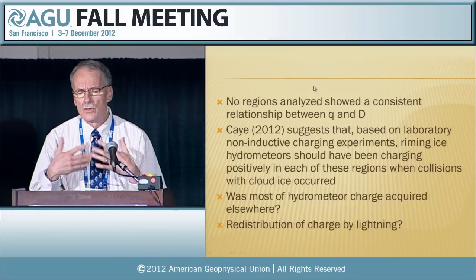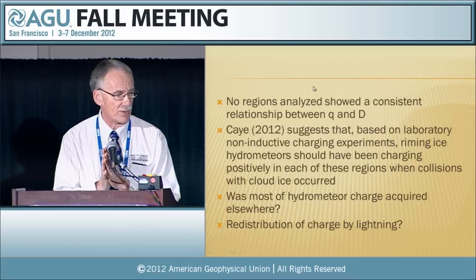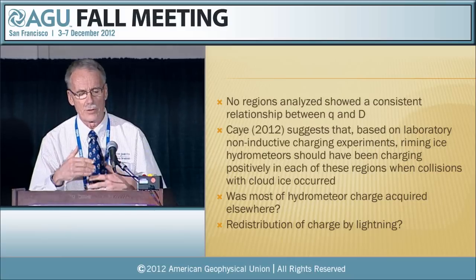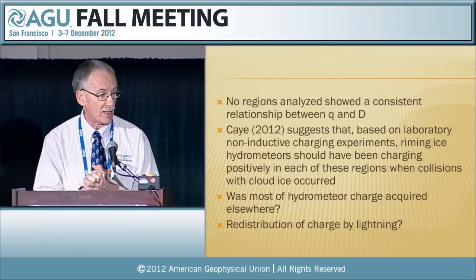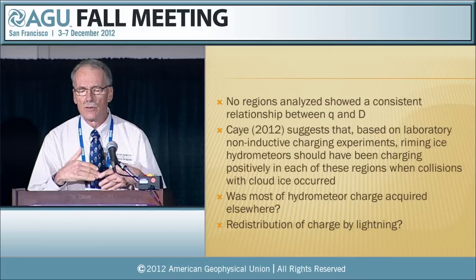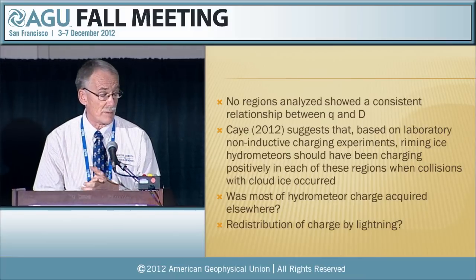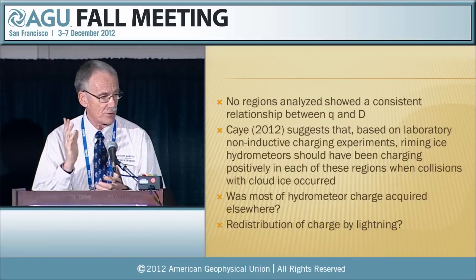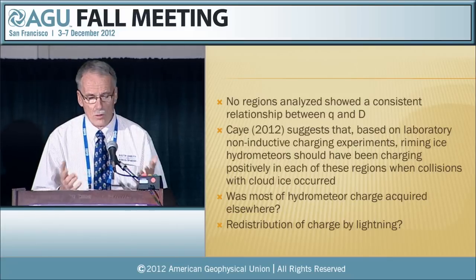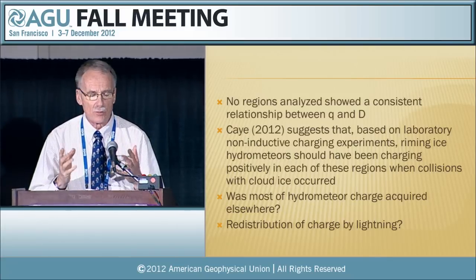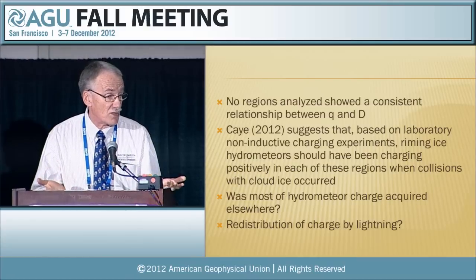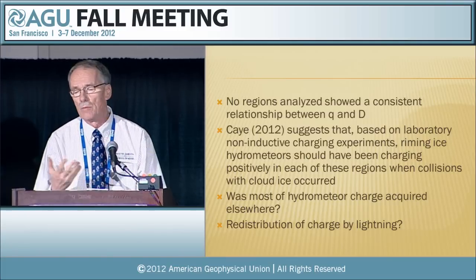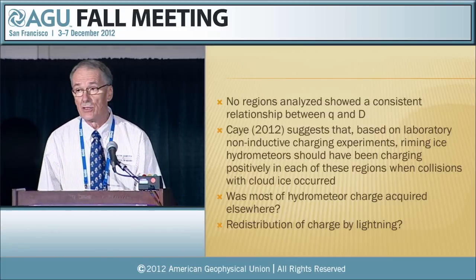If you use the laboratory results that Jim was talking about to infer what kind of charge separation should have been taking place given the temperatures and the liquid water contents, et cetera, in almost all of these regions, the larger particles, the graupel particles, or aggregates, should have been positive and the smaller splinters negative, although what we see is equal amounts roughly of both signs. So was most of the charge acquired before these particles got to where they were sampled, or perhaps was lightning redistributing charge in these regions of the storm?